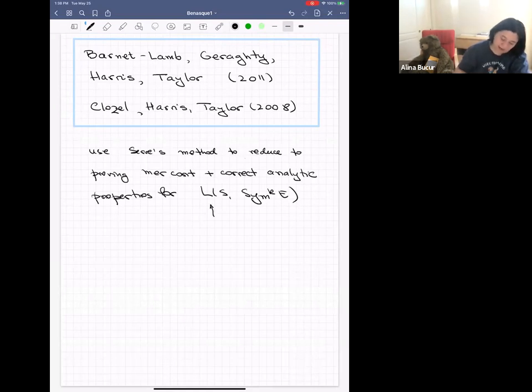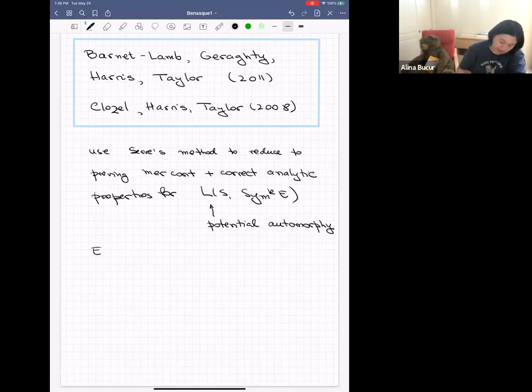And the way you approach this to prove the meromorphic continuation and so forth is via potential automorphy, which is basically the only thing that we know how to do.